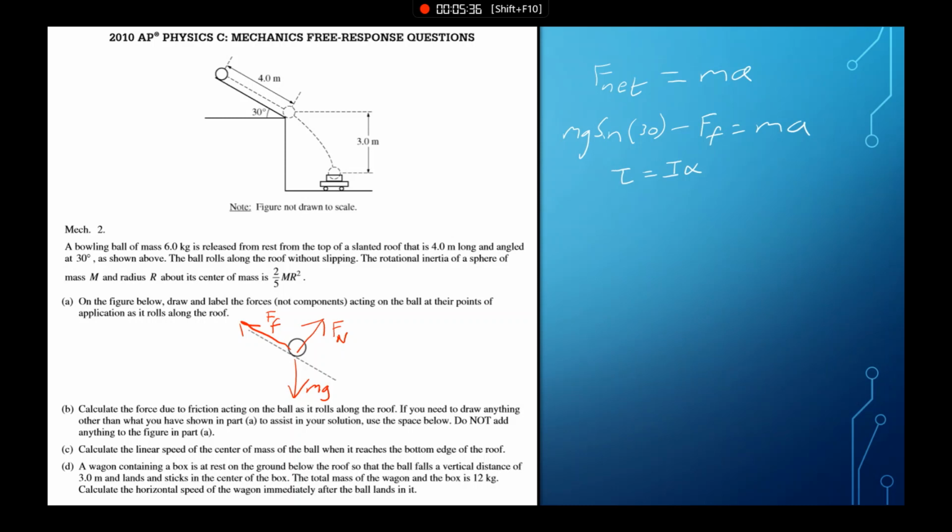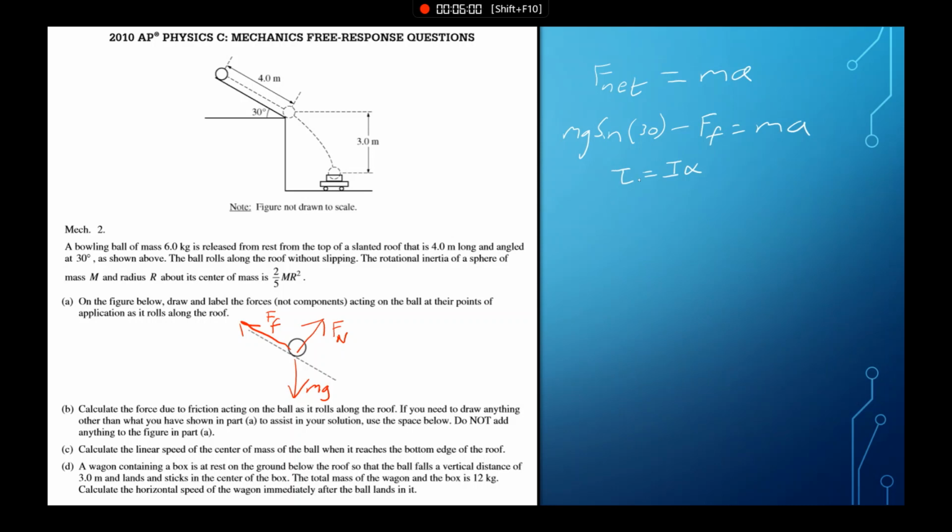Okay, and that torque is going to be for which of these forces? Torque is TR, so friction times R. There we go.